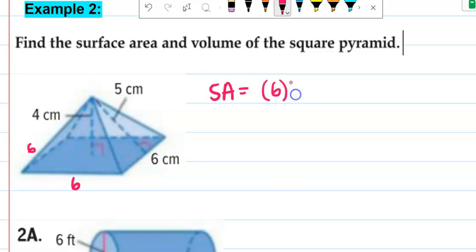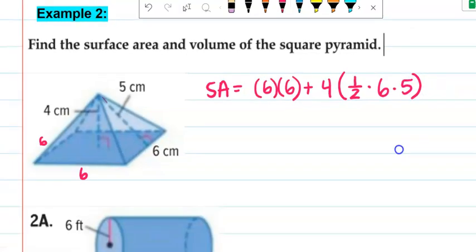So that would be just 6 times 6. Okay, and if this is a square pyramid, we have 4 triangles coming up to touch the point. So we want to do 4 because all 4 triangles have the same area. And then to find the area of a triangle, it's 1/2 the base of the triangle, which is 6, times the height of the triangle, which is 5.